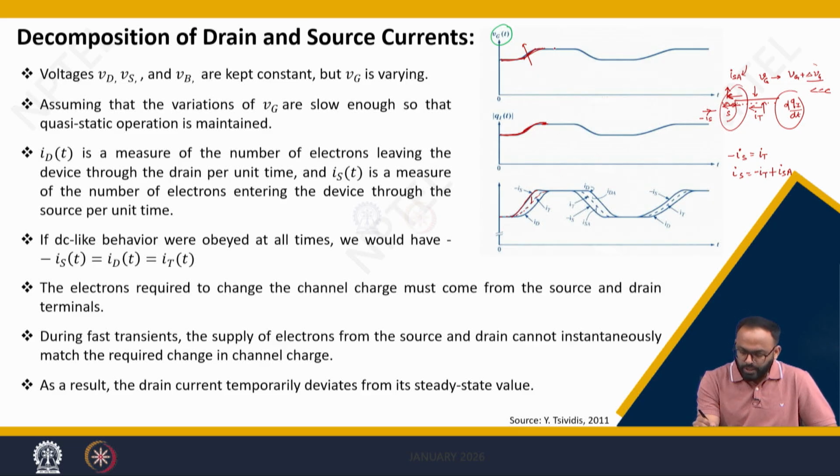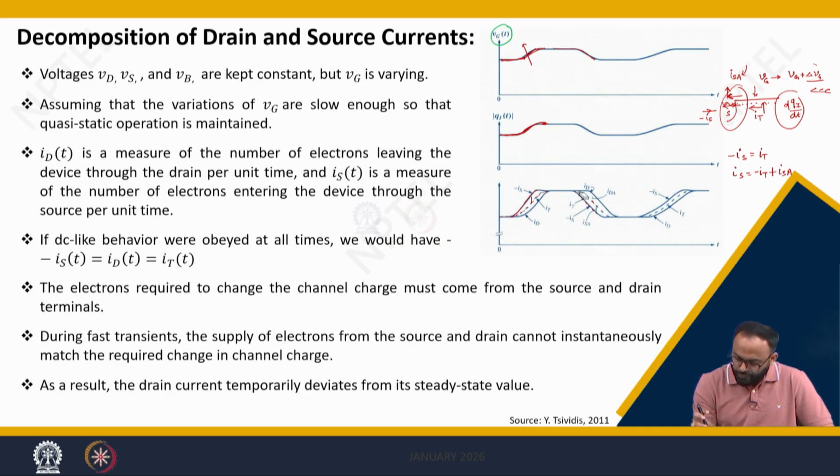Similarly, when the voltage reduces, the inversion charge should reduce, meaning at the exit end the charge will go a little higher, and at the entry the charge will be a little lower. That is, the current at the drain side will be higher than the total current, and in response to this the current at the source side will be lower.